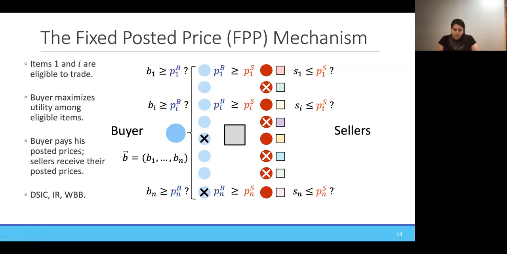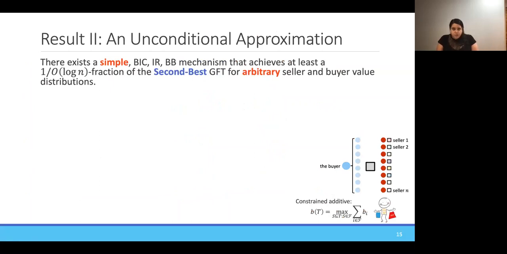Okay. Our second result, so again, our first result was a log 1 over r approximation in this minimum eligible trade probability. Our second result is an unconditional approximation. So there's a simple Bayesian incentive compatible, individually rational, budget balanced mechanism that achieves at least a 1 over log n fraction of the second best, no longer first best, but second best gains from trade for arbitrary seller and buyer distributions.